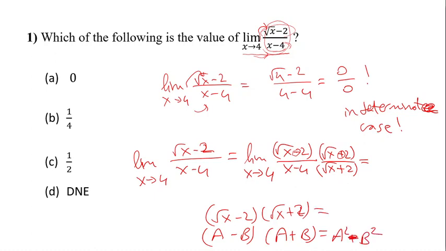If you follow the same path here, we will have square root of x squared minus 2 squared, which is x minus 4.